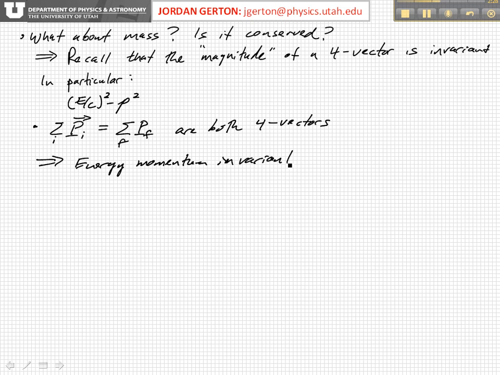So we are basically using some basic properties of 4-vectors here.